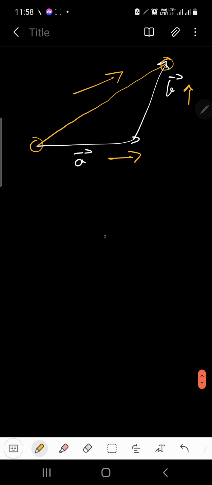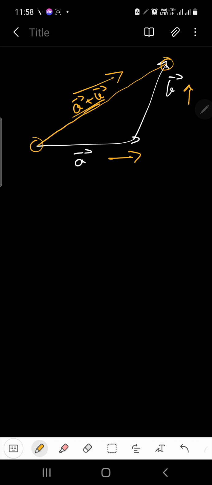For example, if you have directions like this, say this is one and this is the other direction, then the a plus b direction will be this. Clear? So we need to complete this triangle, and the line segment which completes the triangle is the a plus b vector, a vector plus b vector.